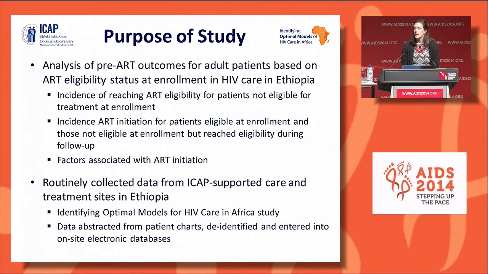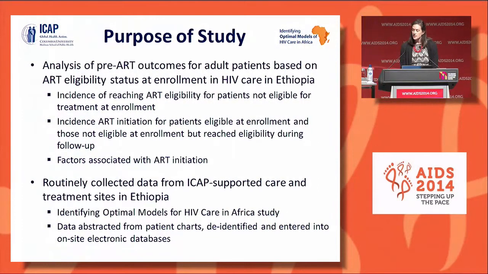The purpose of our analysis was to examine pre-ART outcomes of adult patients based on their ART eligibility status at the time of enrollment in HIV care. We examined the incidence of reaching ART eligibility for patients who were not eligible at the time when they enrolled in care.